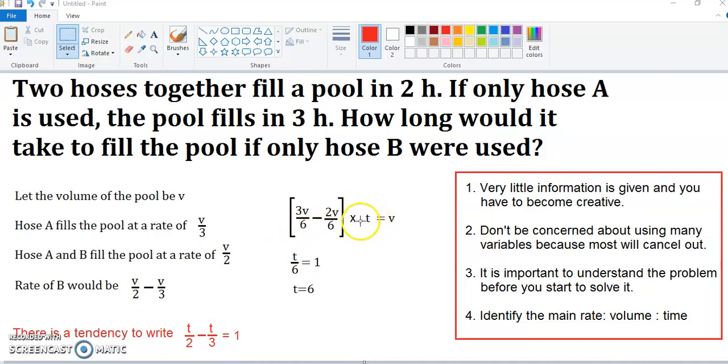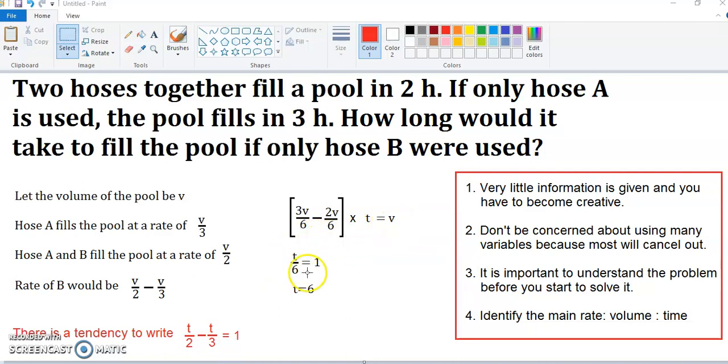So we'll let it be time t, multiply it by the rate, and let it equal V. Now notice that in this equation, V over 2 is equal to 3V over 6 and V over 3 is equal to 2V over 6. They're just equivalent fractions. And obviously 3V over 6 minus 2V over 6 is just V over 6 times t.